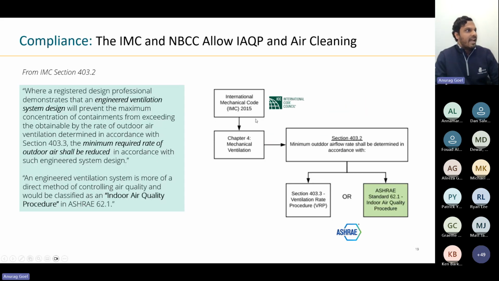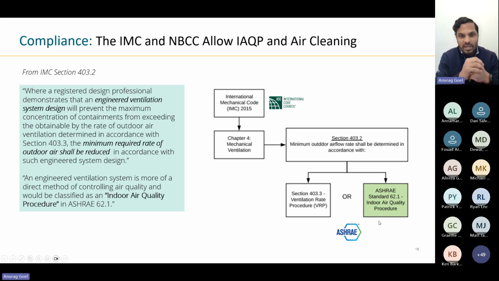All right, and the indoor air quality procedure lives in 62.1, but it also is referenced in the National Building Code of Canada, the NBCC, as well as the International Mechanical Code. So over here, you see that under section 403.2, you have 2 options as a designer to size ventilation systems, the IAQP being one of them.